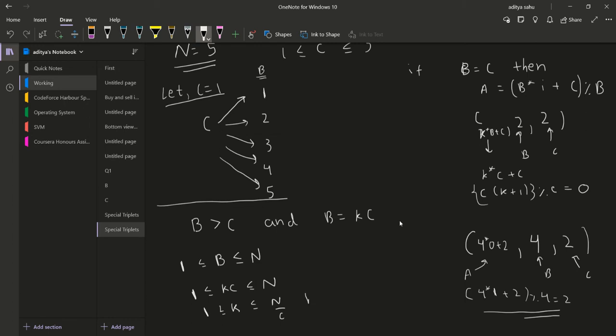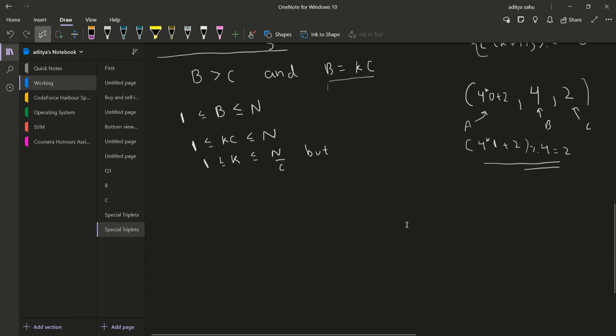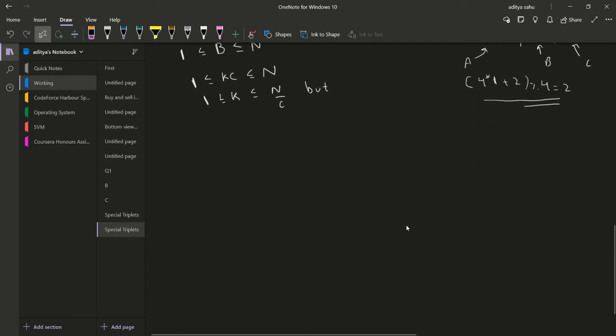But we just saw that b has to be greater than c. So if k is equal to 1, then my b is equal to just simply c. So my k should be greater than 1 also. So my k should be varying from 1 to n by c.